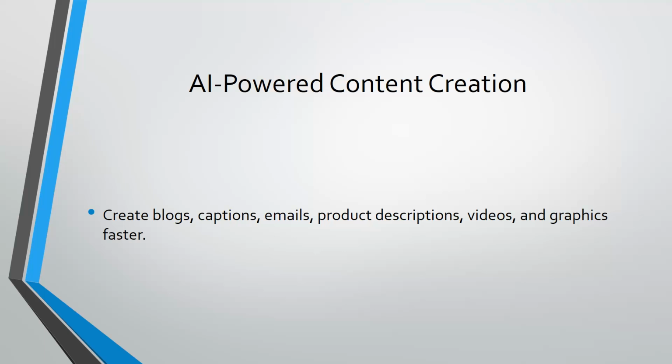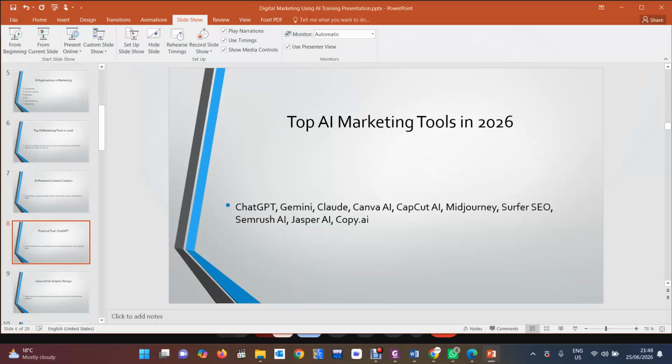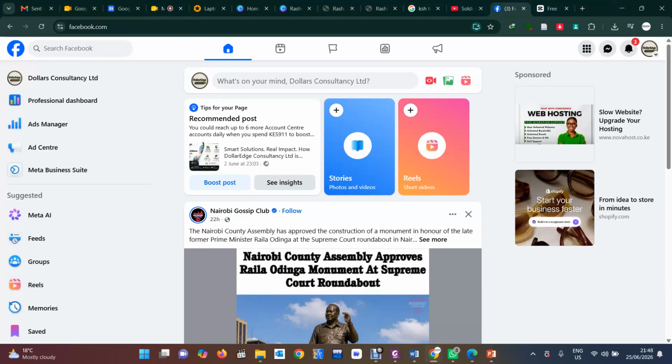So what are the practical tools? ChatGPT. We use it to generate blog posts, social media contents, marketing emails, and campaign ideas. For instance, let's say there is an advert about something.